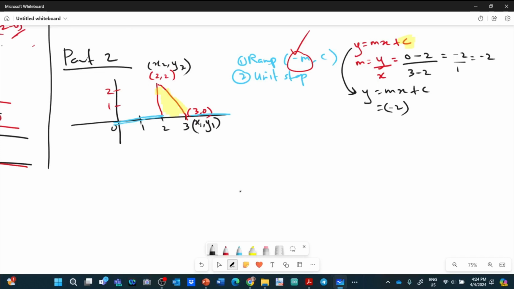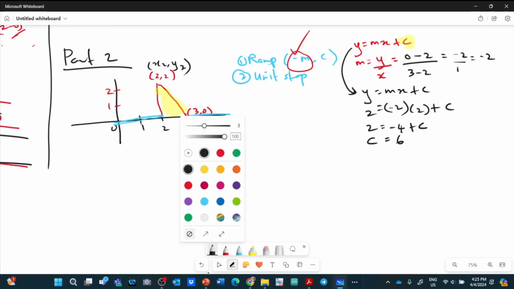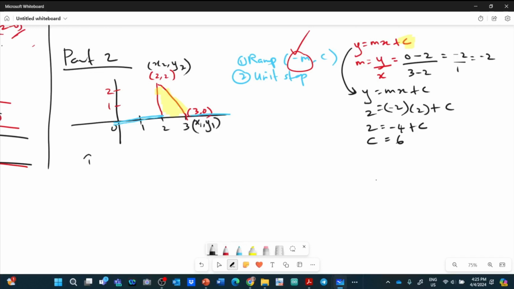So you have 2, Y equal to 2 minus 2, X2 plus C. C dapat apa? Dua equal to minus 4 plus C. C equal to 6. Okay, dah settle.